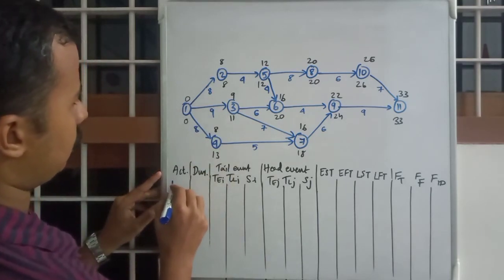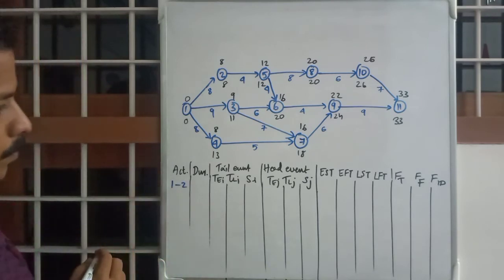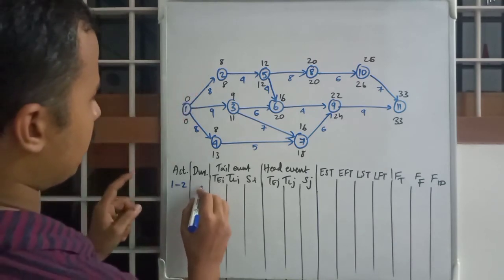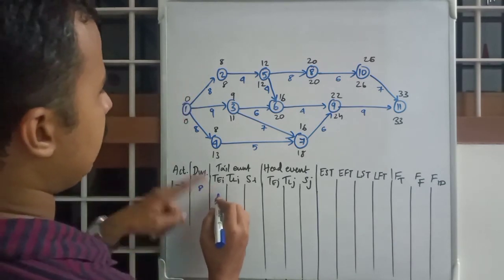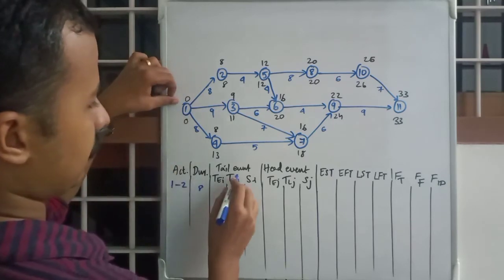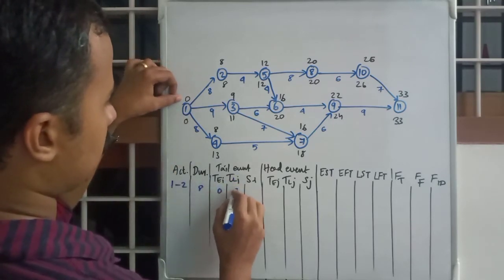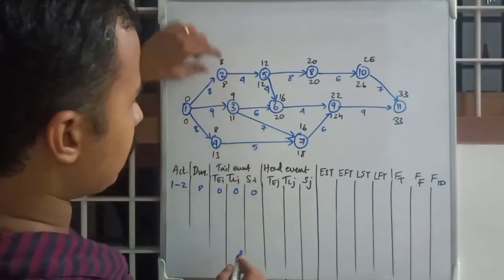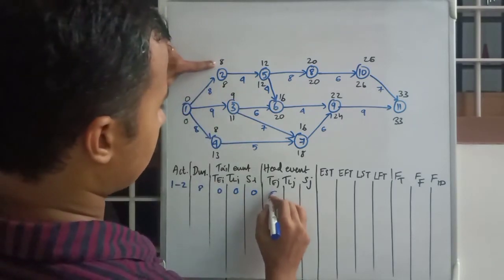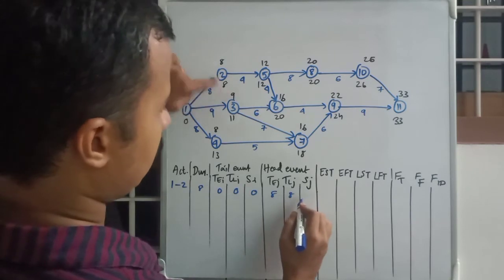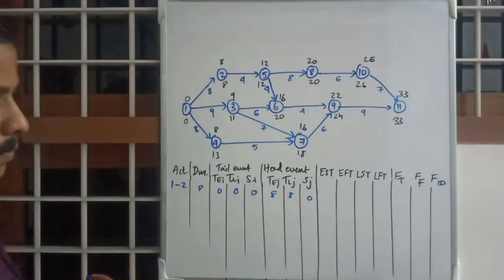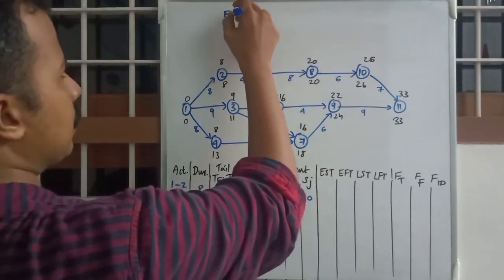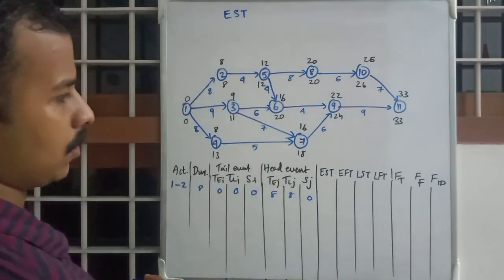1, 2. Okay, activity 1 to 2, duration was 8. TI means tail event. TI is 0, 0, and the difference is again 0. Head event is 2, so 8, and the difference is 0. Okay, so what was EST?